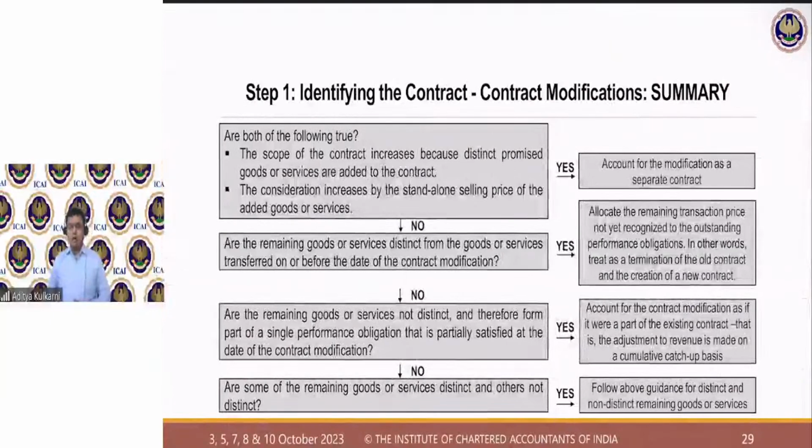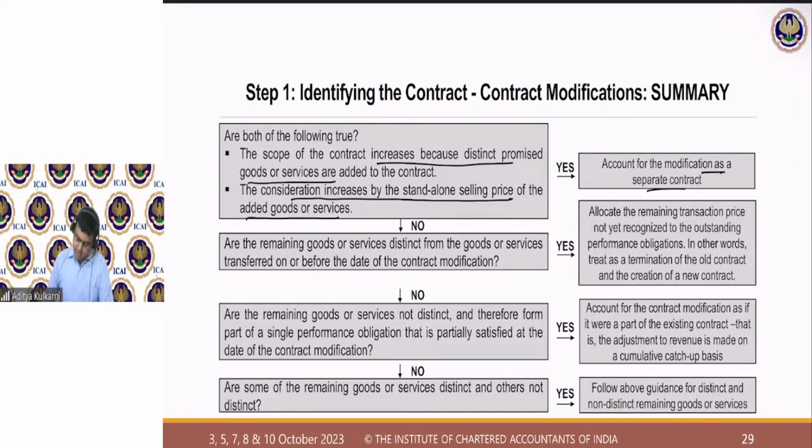So now, contract modification summary. Are the following true? Scope of the contract increases because of distinct goods or services getting added, number one. Second, consideration increases by the standalone selling price of the added goods or services. If yes, account for the modification as a separate contract. If no, are the remaining goods or services distinct from the goods or services transferred prior to modification?